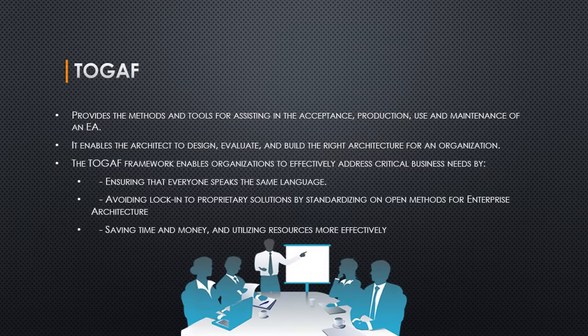It provides the method and tools for assisting in the acceptance, production, use, and maintenance of an enterprise architecture. It enables the architects to design, evaluate, and build the right enterprise architecture for an organization.